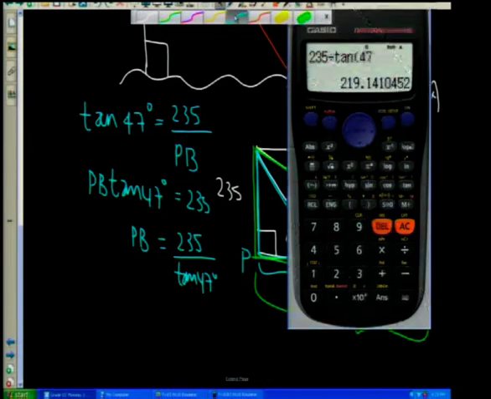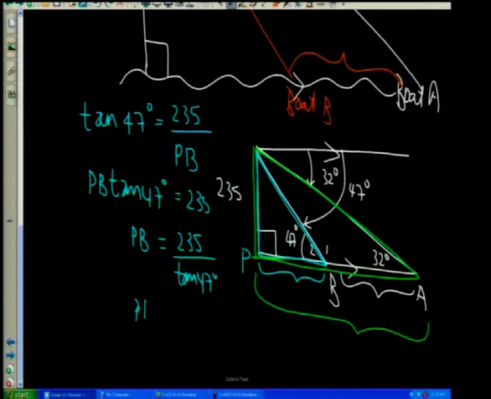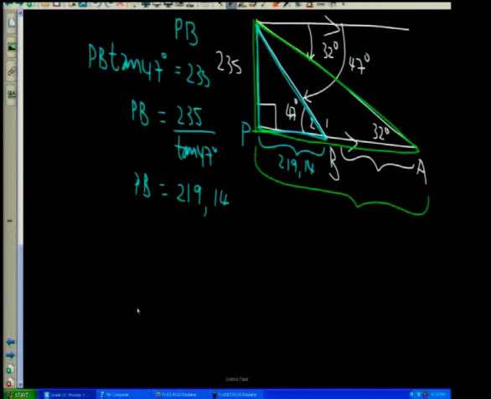So PB is 219,14. That's this length here. Then I've got the green length, in this big triangle.